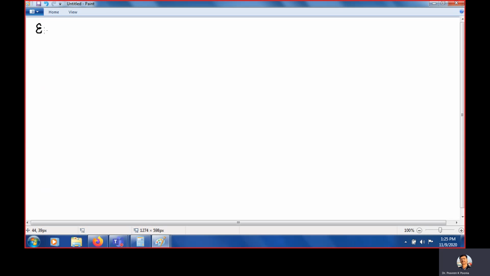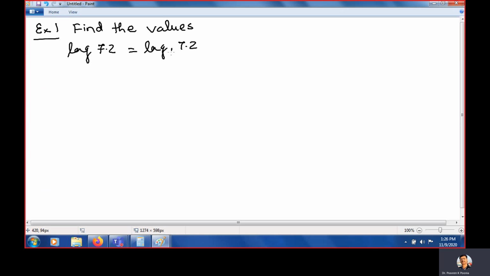Example number 1. Find the values. Log 7.2. What do we do? Log 7.2 means log 7.2 base 10.